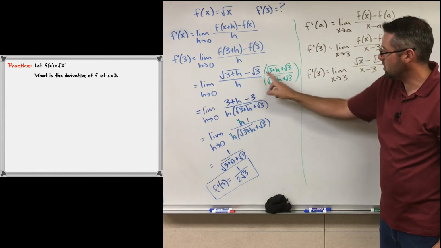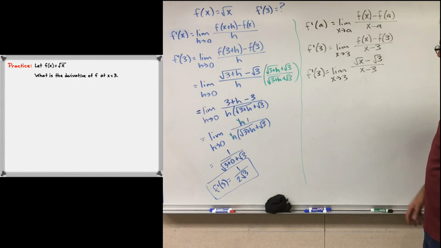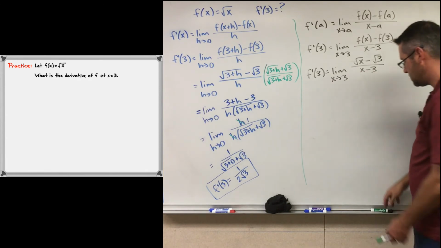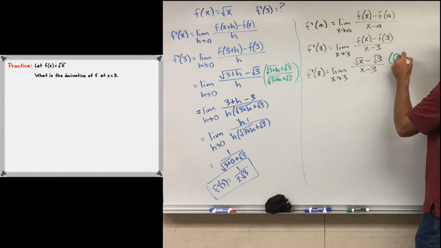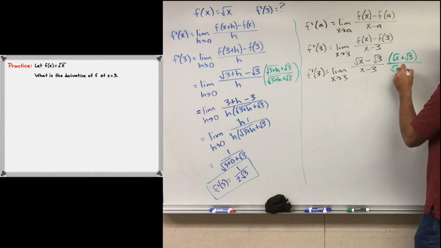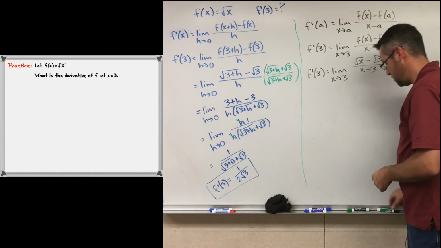But here, notice what I was multiplying by. I was multiplying by rad 3 plus h plus rad 3 on top and bottom. This one's going to be a lot easier in terms of the conjugate. We're going to multiply this guy by rad x plus rad 3 over rad x plus rad 3, because we're multiplying by the conjugate of the numerator.